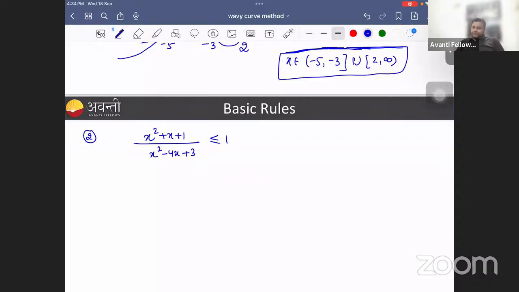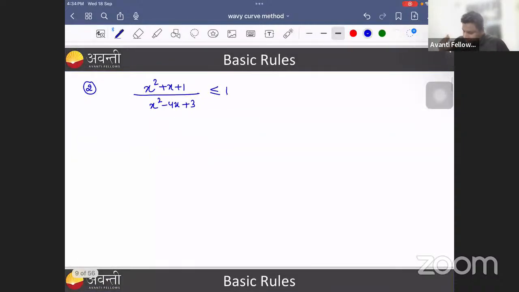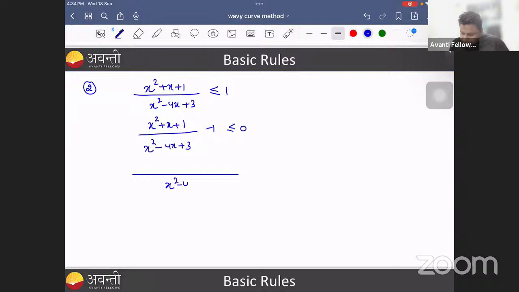Now see, first of all, take this 1 to the left side. So (x square plus x plus 1) upon (x square minus 4x plus 3) minus 1 less than or equal to 0. Now we take LCM. So it became x square plus x plus 1 minus (x square minus 4x plus 3) upon (x square minus 4x plus 3) less than or equal to 0.